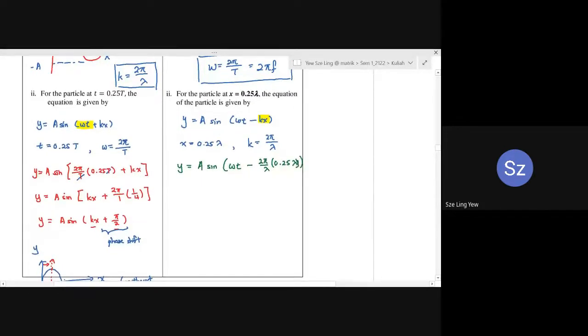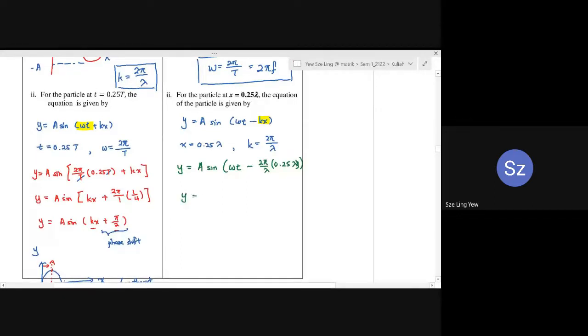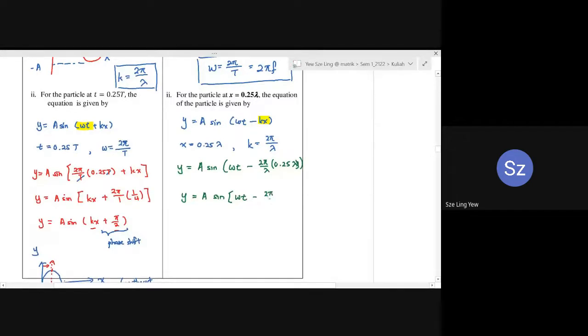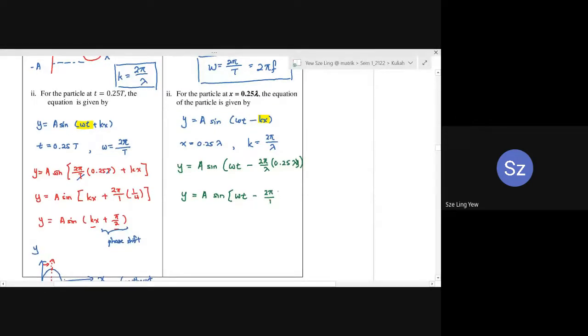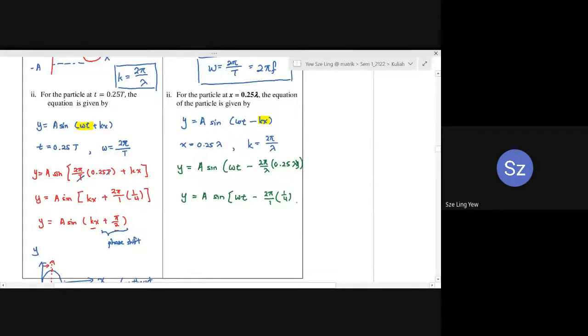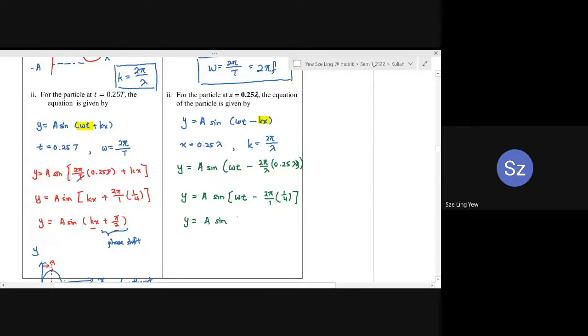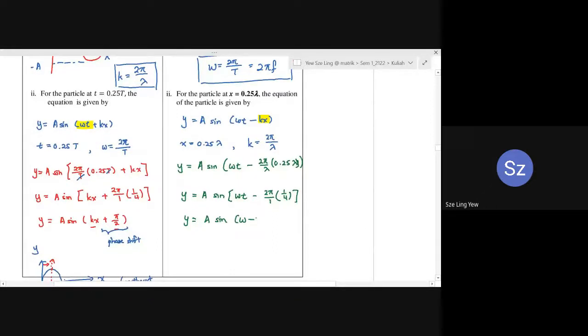Okay, cancel out the lambda. I have y equals a sine (omega t minus 2 pi over 1), times 0.25, which is 1 over 4. Simplified again, it is a sine (omega t minus pi over 2).